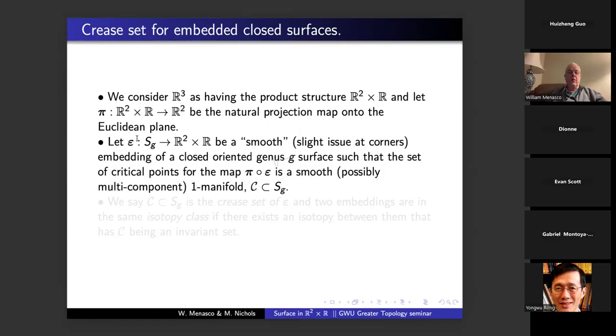So the setup is that you're given a surface of some genus. I want it again to be oriented, and you can do this, as we just saw, with surfaces with boundary, but for this I'm going to do it with surfaces that are closed.